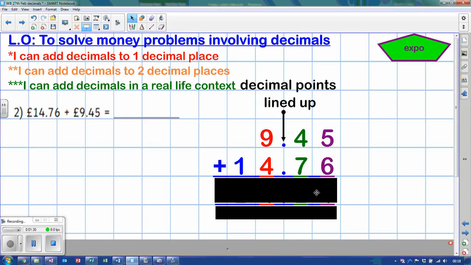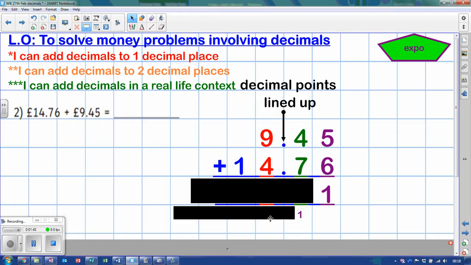Just as I would if I was doing normal column addition, I'm going to put the 1 in there, but I've got to carry the second one, the 10 hundredths, into the tenths column.